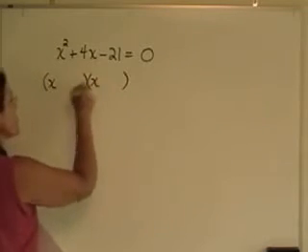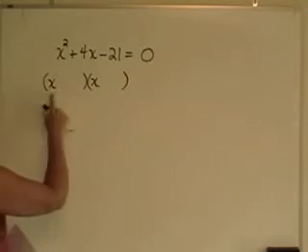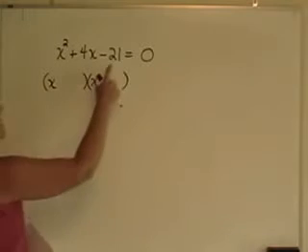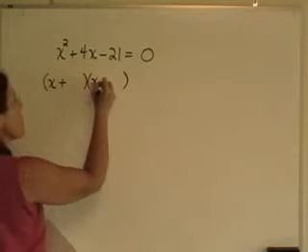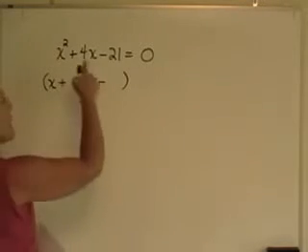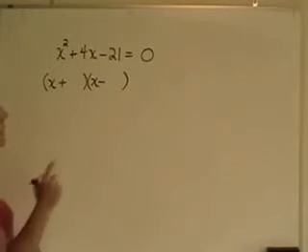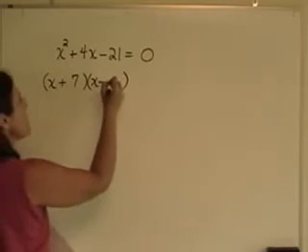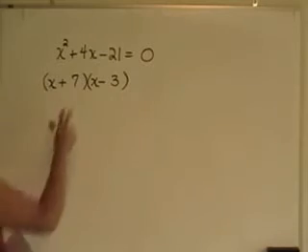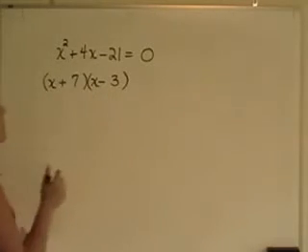So this is a simpler trinomial to factor. I know that I need an x in the front of each of these. I now need two numbers whose product is a negative 21. So one's got to be positive and one's got to be negative. Those two numbers have to add to be a positive 4. They appear to be 7 and 3. It looks as though the 7 will have to be positive, the 3 will have to be negative in order for those two to add to be 4.